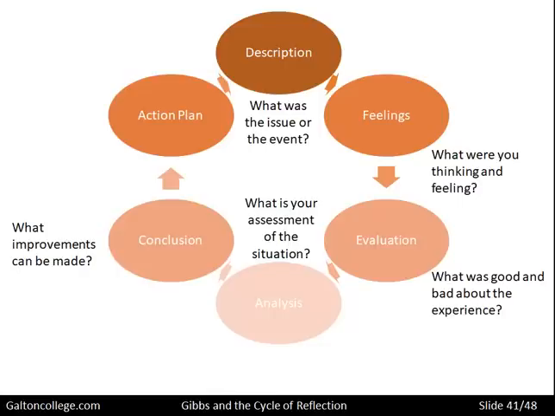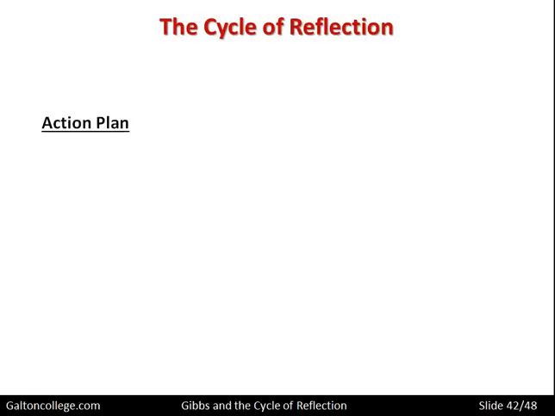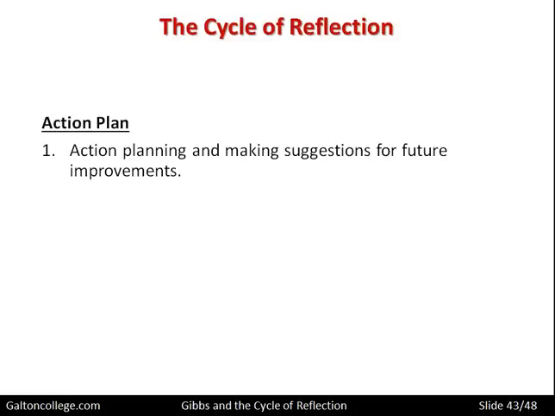And finally, an action plan. Action planning and making suggestions for future improvements. As I said earlier, just in terms of the conclusion, this is very important. It's very important to make sure that you've been very honest in the whole exercise. You've been scrupulously honest. You have put forward the models and the data and explained the sources and the methodology that you've applied.